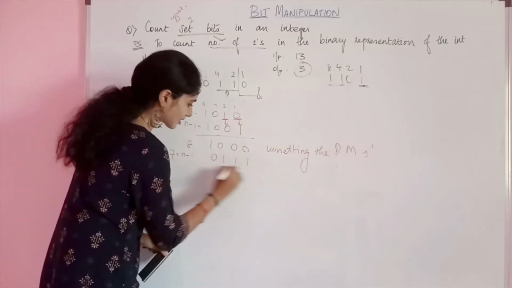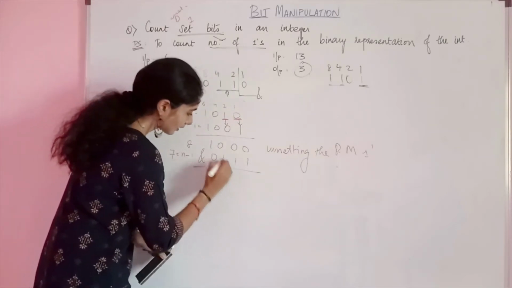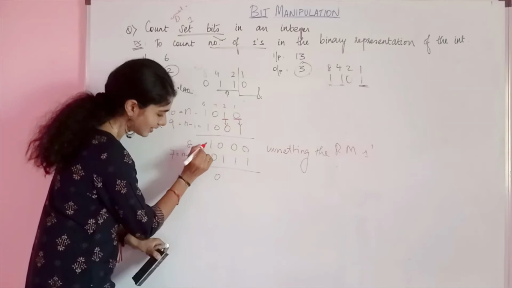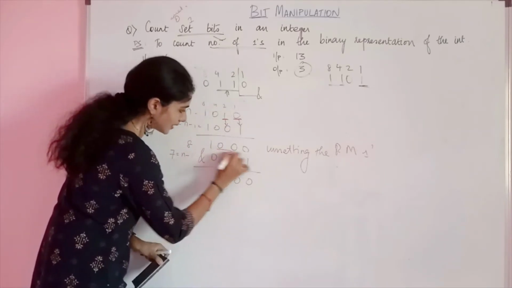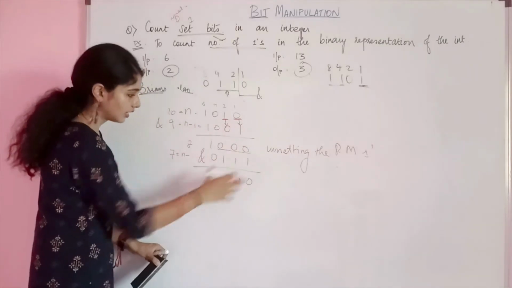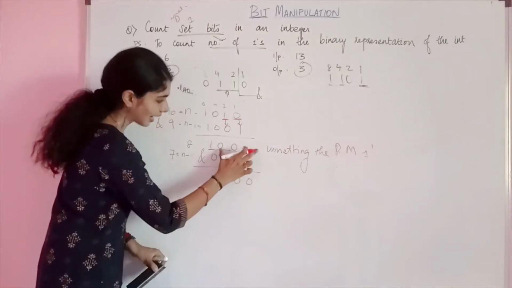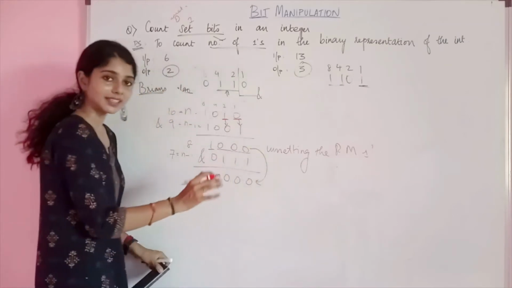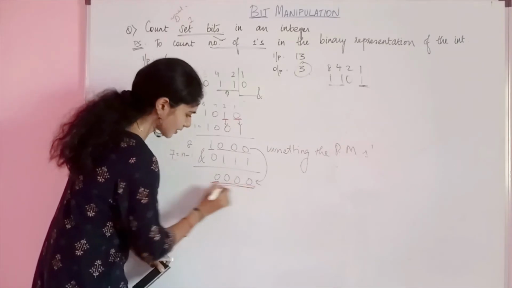Now, if I do the AND operation, what happened? The rightmost set bit will become unset and all the others are going to remain the same. Can you visualize it? So now it is 0.